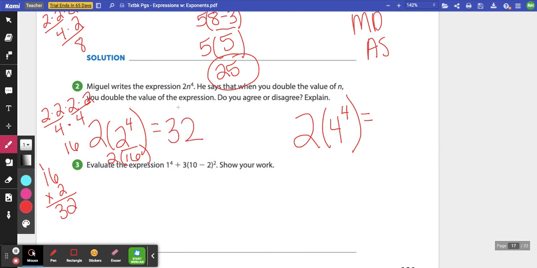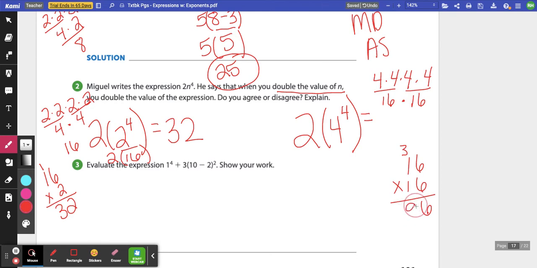Now let's see what happens if we double the value of n. That's what it's asking us. So we're going to come over here. Let's try 4 times 4 times 4 times 4. 4 times 4 is 16. Now we've got to do 16 times 16. 6 times 6 is 36. 6 times 1 is 6 plus 3.